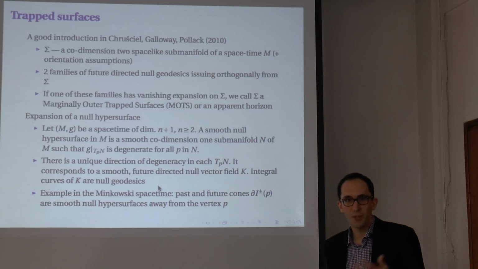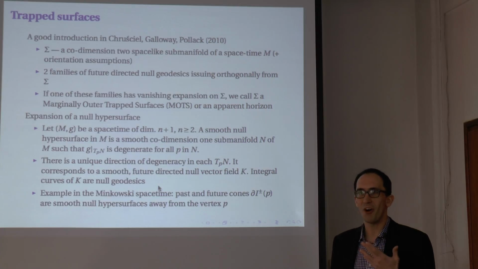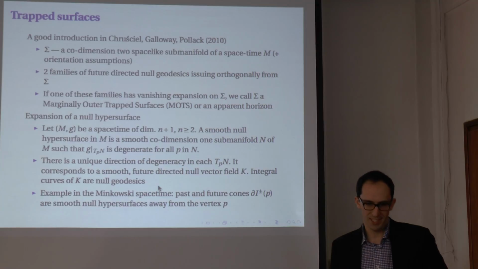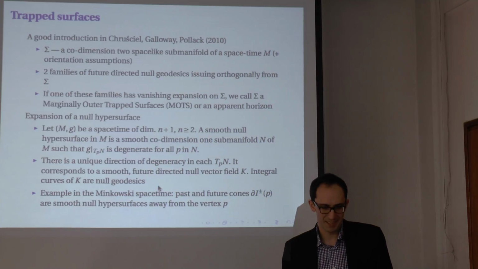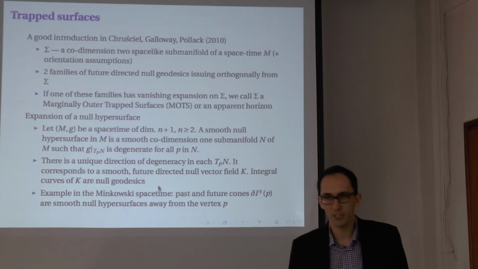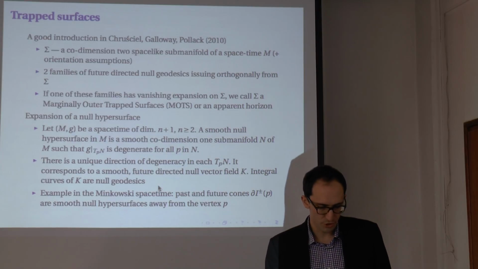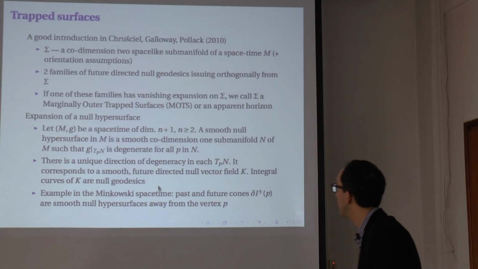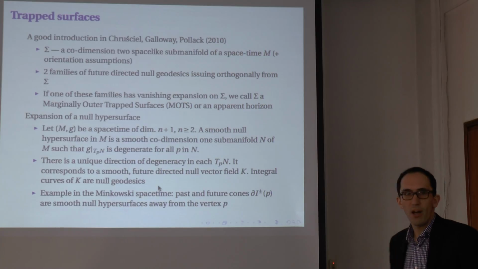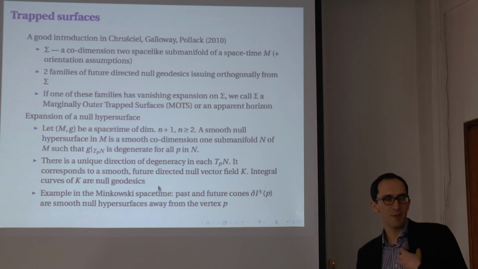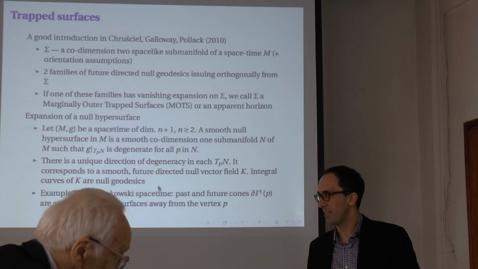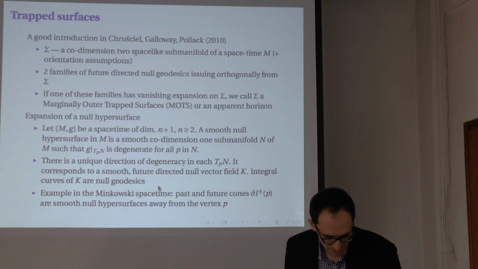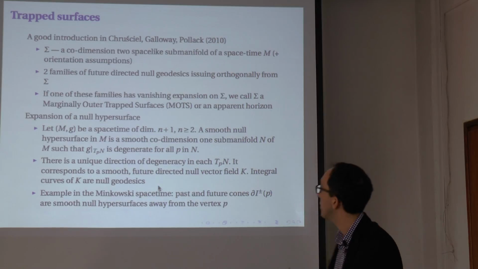But because I was told that the audience does not consist only of experts in GR, I thought that a small introduction to trapped surfaces in GR would be in order here. And it should also be in order because of myself. I'm not working normally in this theory of trapped surfaces, so I was quite happy to have a reason to recall some basic information on trapped surfaces.